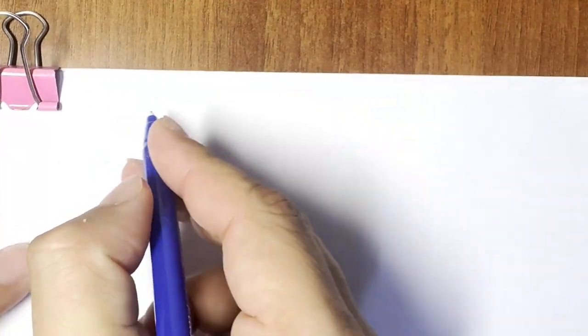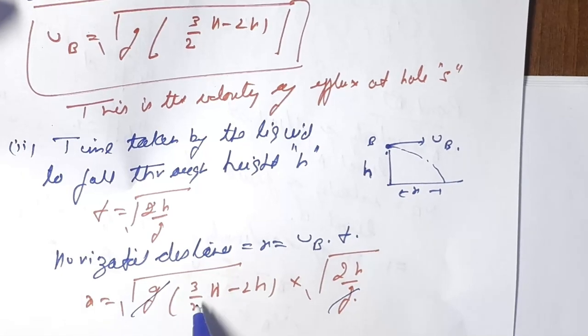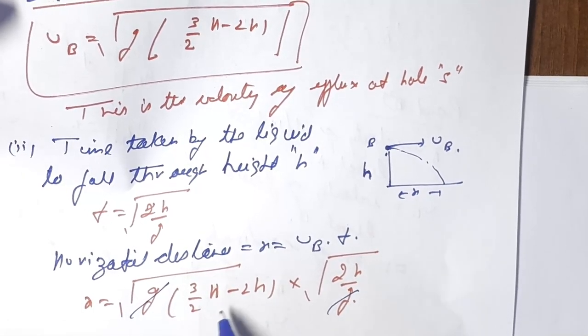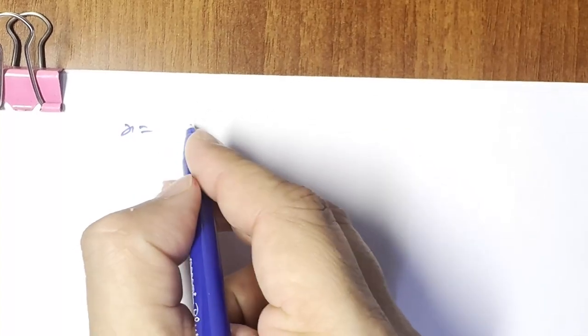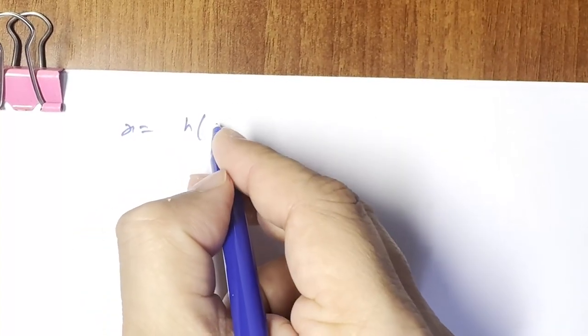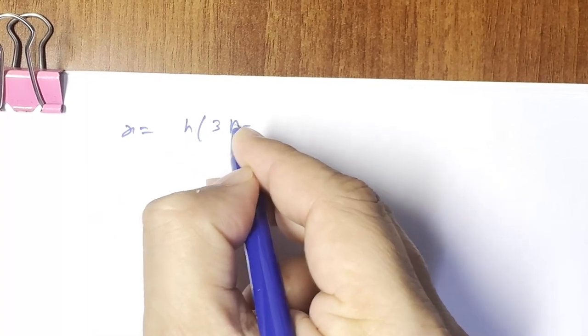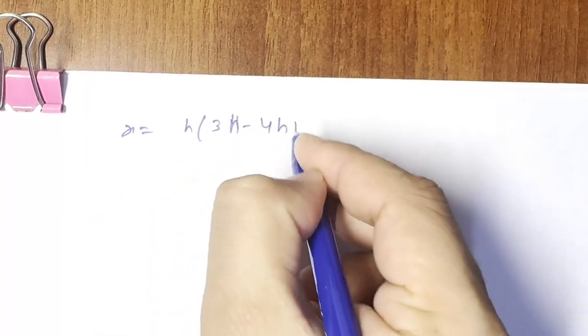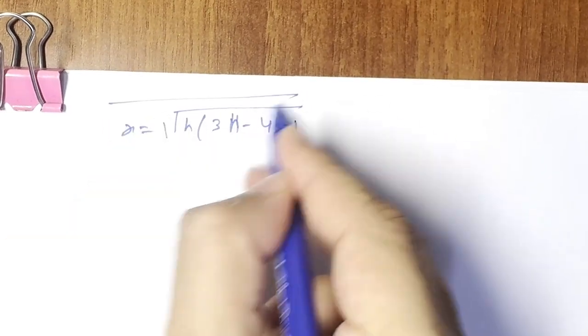g and g cancel out. So we can write that x will be equal to, we can take 2 as LCM, so this becomes 3h minus 4h, and 2 and 2 also cancel out. So this will be equal to the square root of h multiplied by 3H minus 4h.